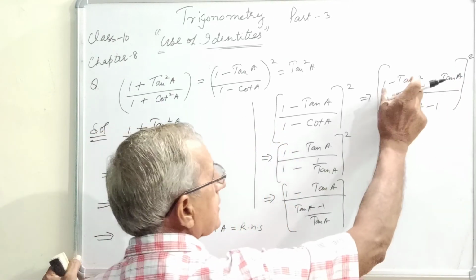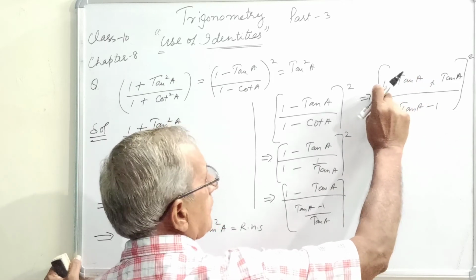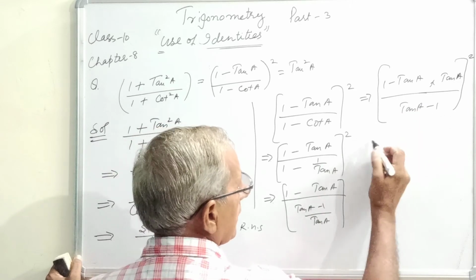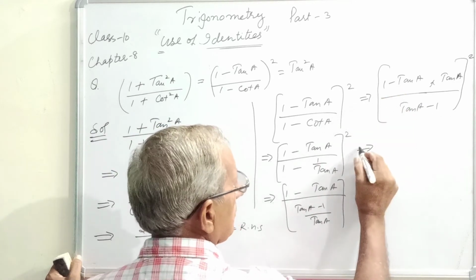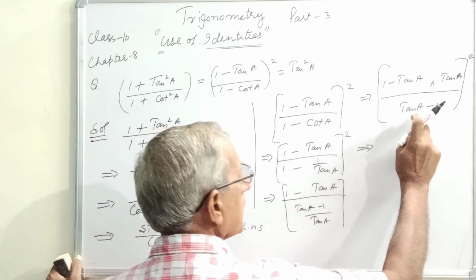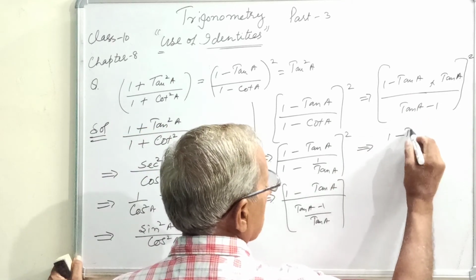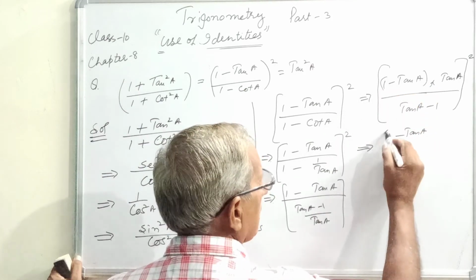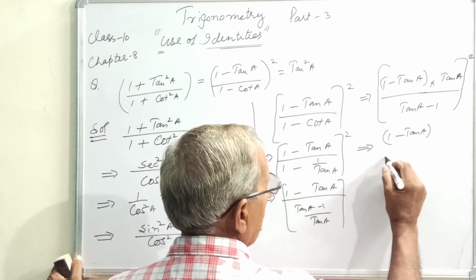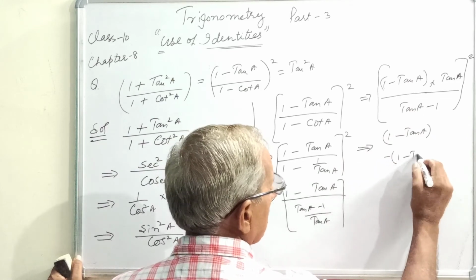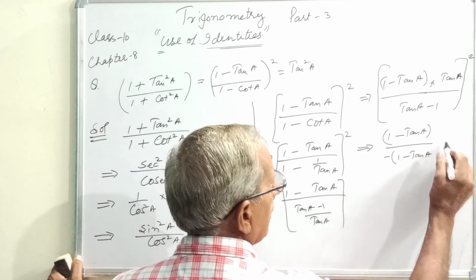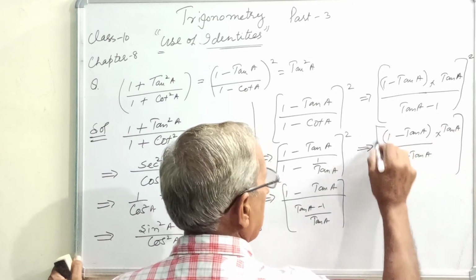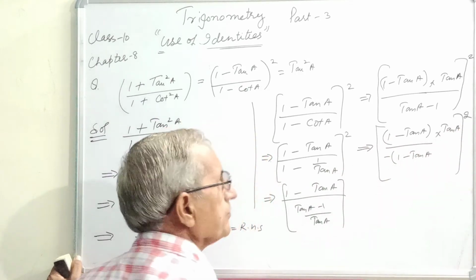Just see the difference between these two terms. This is 1 minus tangent A. This is tangent A minus 1. So we can write it in this form also. Just change the minus sign. So 1 minus tangent A upon minus 1 minus tangent A multiply by tangent A whole square.